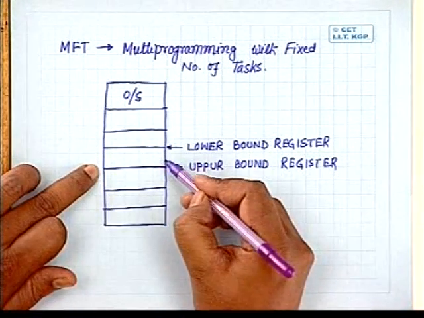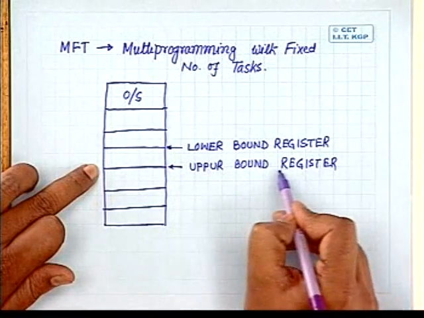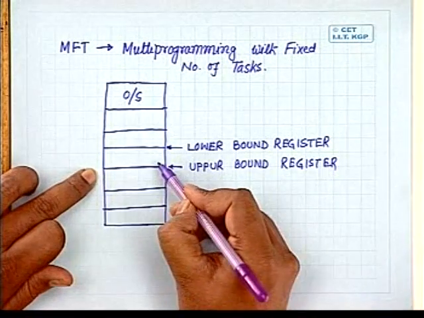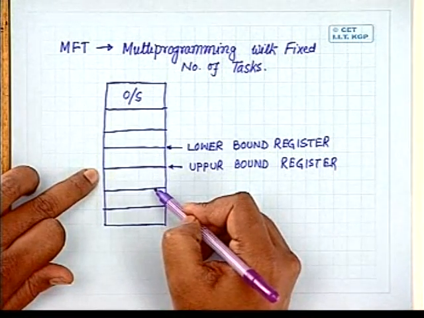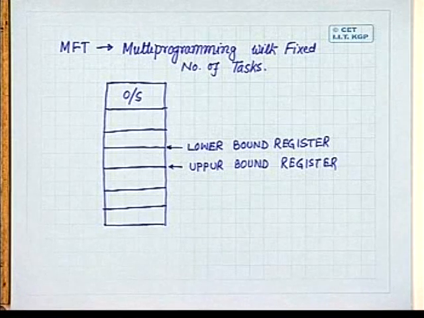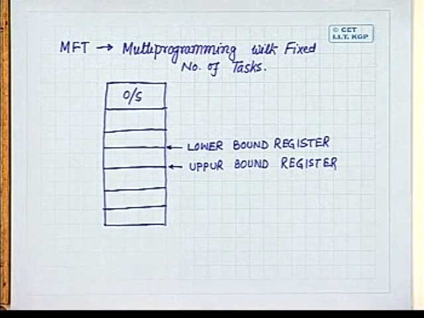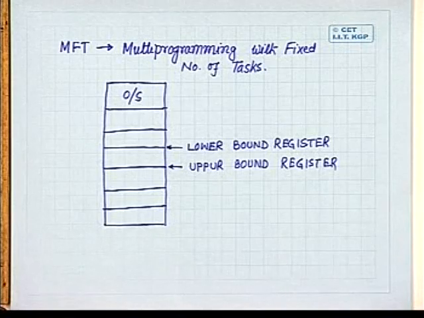Similarly, if the address generated by the CPU becomes more than the upper bound register content, then also the process is trying to access some memory area which is not allocated to it. So now instead of having only one check on the fence register, I have to have two checks, one with the lower bound register content, the other with the upper bound register content. So I have to have two comparisons. Again, these comparisons can be made in hardware.